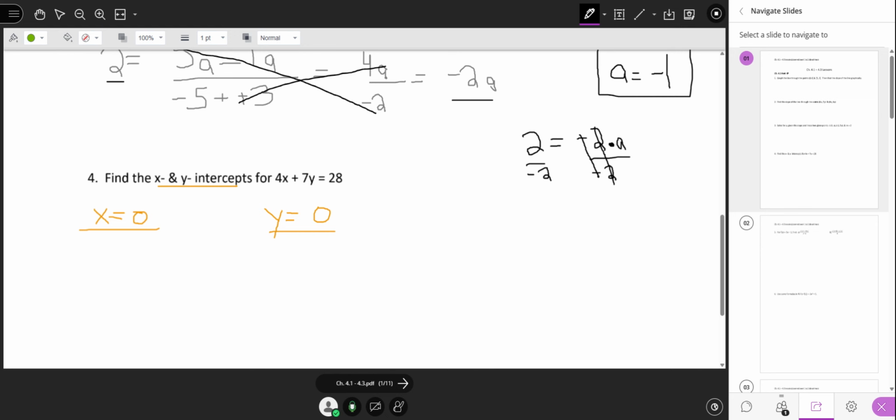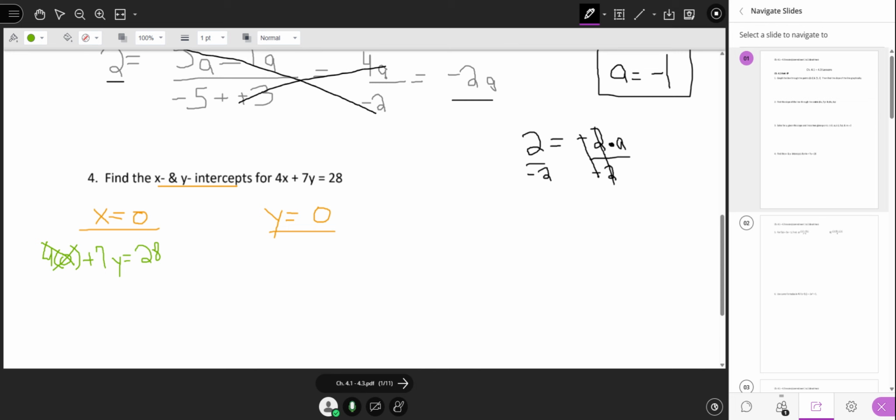Because, and I love this, when x is 0, replace x with 0, chop chop.